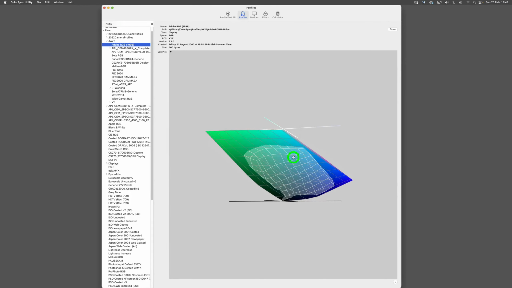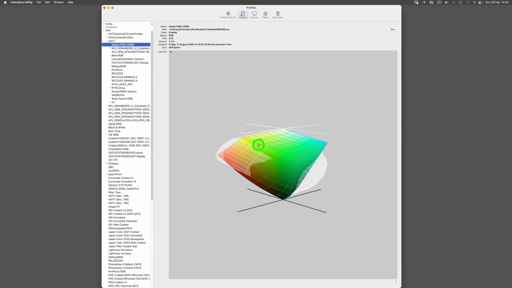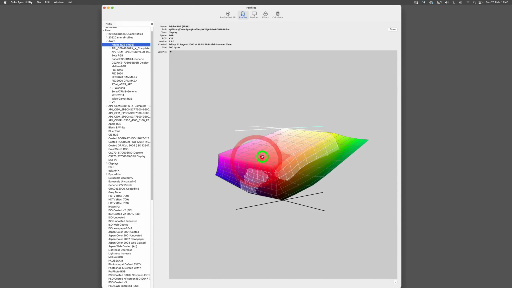All these colours that are in the white wireframe but outside the coloured wedge, all those potential colours in there are colours that you've spent thousands of pounds getting access to when you bought your printer, your ink and your paper. And your lovely, carefully crafted image in the Adobe RGB colour space cannot make use of these colours here. And let's look at what colours they are.